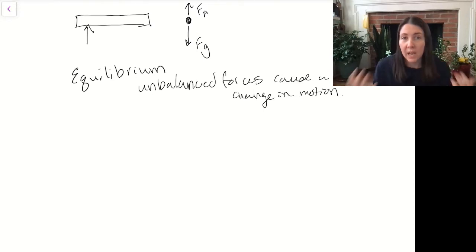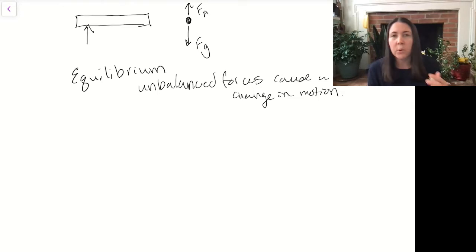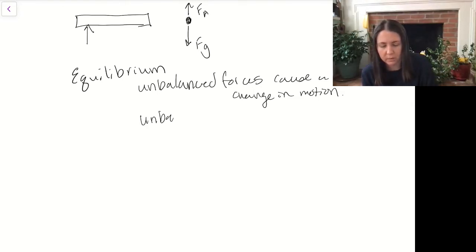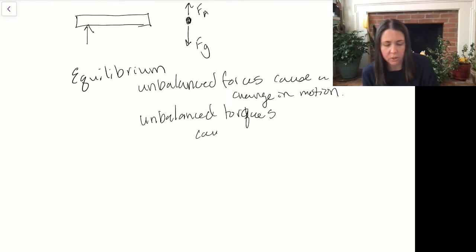When we care about the location of a force, that's when this idea of torque comes into place. And I'll mention that in just a second. But the important thing to think about here is that unbalanced torques cause a change in rotation.